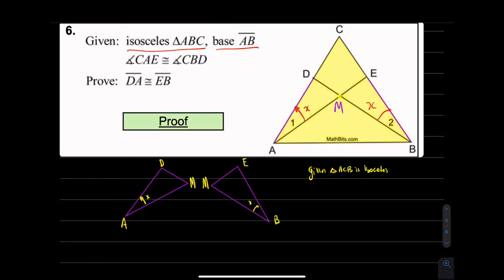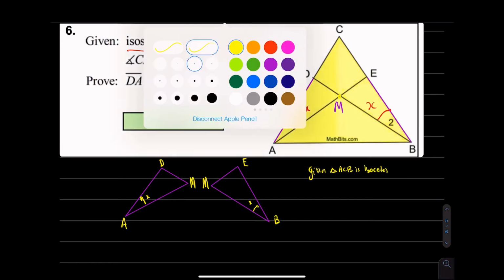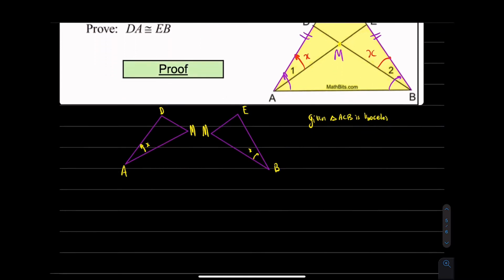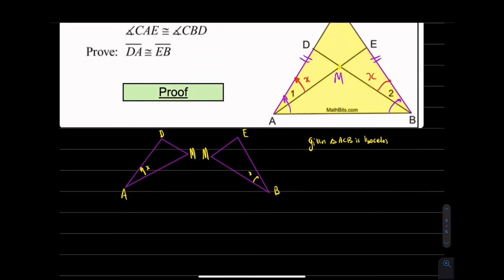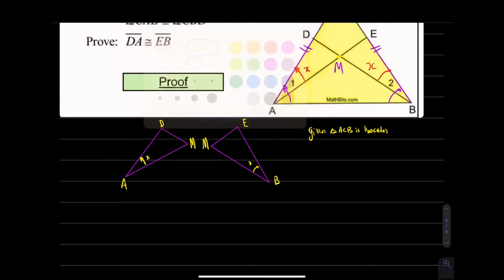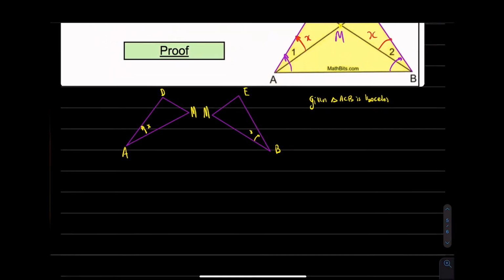Cool. And that means that the base angles are equal, right? So that means that obviously this angle and this angle are equal, and that this length and this length are equal. Cool. So AC is equal to CB. Just keep in mind those facts that I just stated. We're going to start off the proof to prove these two are congruent.